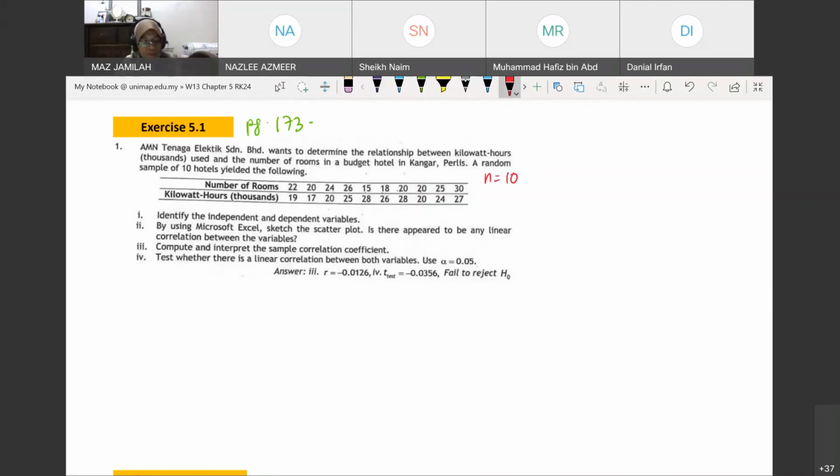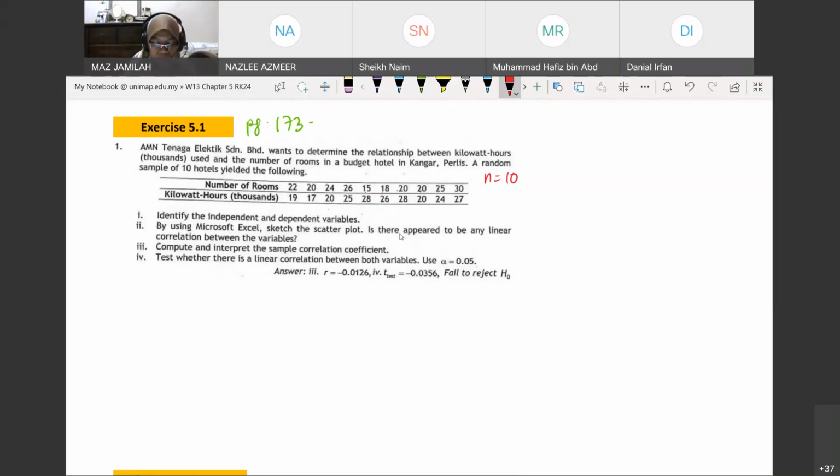Now, which one is dependent, which one is independent? Because you are not being given the mean of the x and y, how would you know? Please ask yourself, is kilowatt hours depending on number of rooms or number of rooms depending on kilowatt hours?